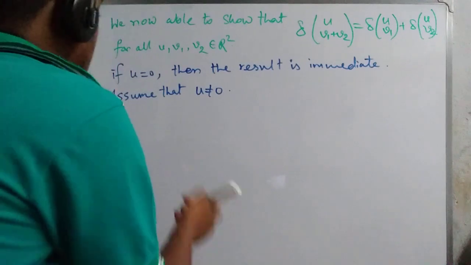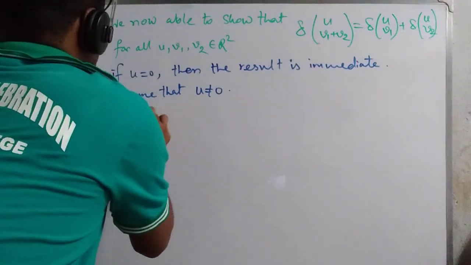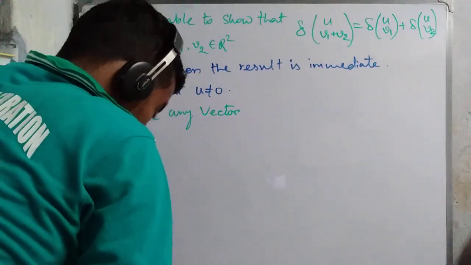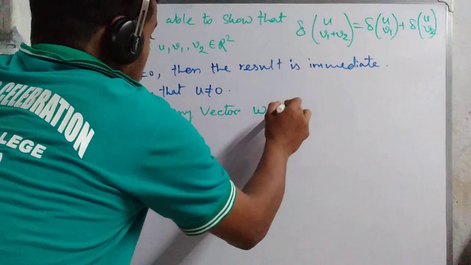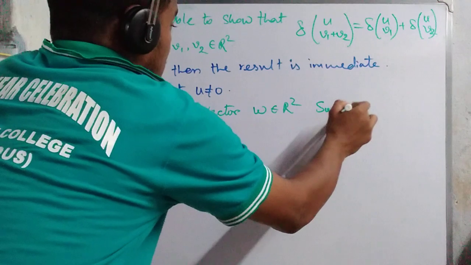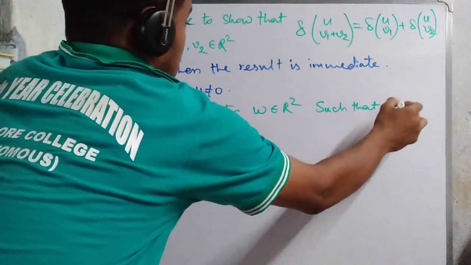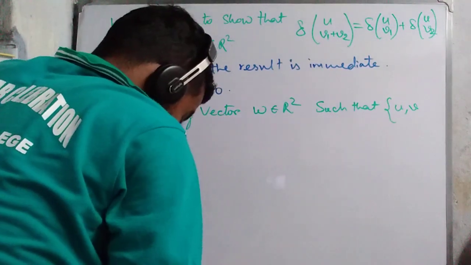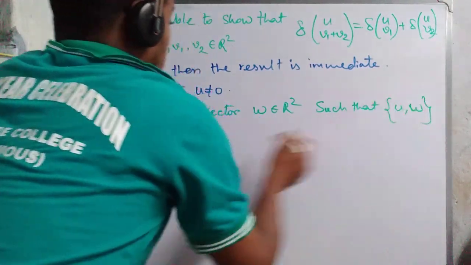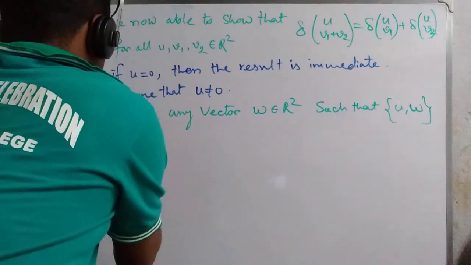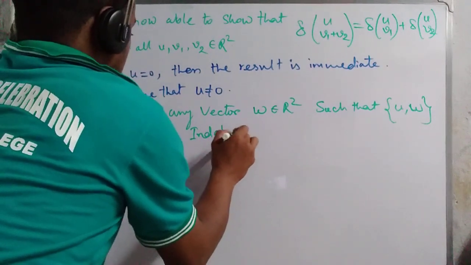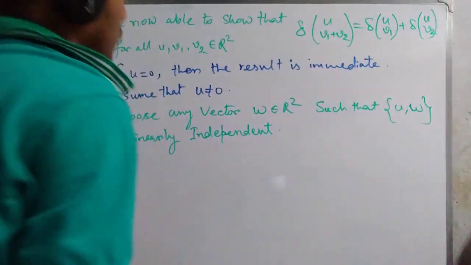Choose any vector w belongs to R square such that u, w is linearly independent. Understood?